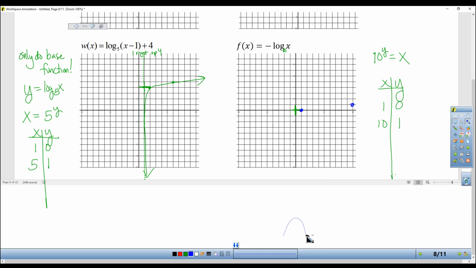It flips it upside down. So we're going to flip this upside down. You can't flip this point. That point is already on the axis, but you can flip this one to down here. So it's going to come down and then it's going to go like that. And its asymptote doesn't move. So its asymptote is still right along the line, but it got flipped upside down.